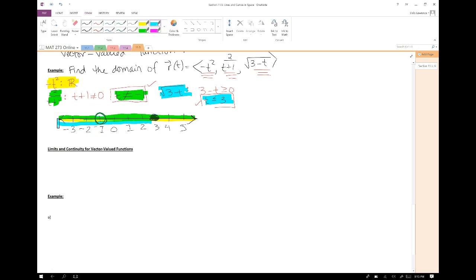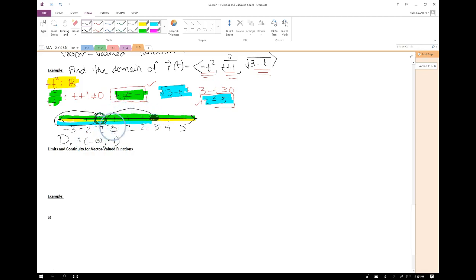So when we have all three of these graphed together on one number line, we only want to use the section that got colored all 3 times, because those are the sections with t values where all 3 of our component functions are defined. So the domain for r: all of this right here got colored all three times. So that would be negative infinity to negative 1. But because there's an open circle on negative 1, we can't use negative 1.